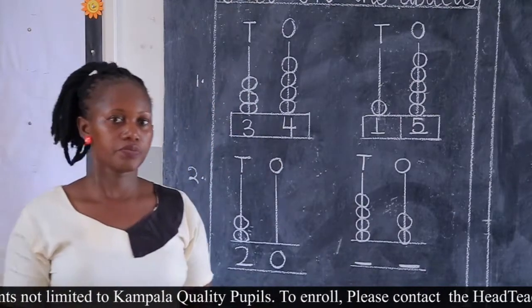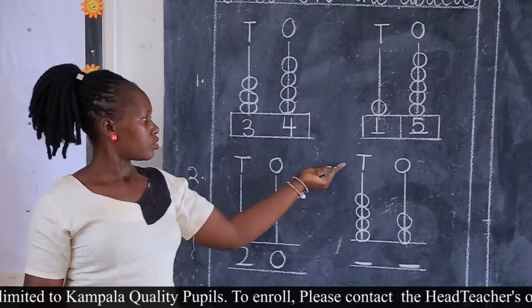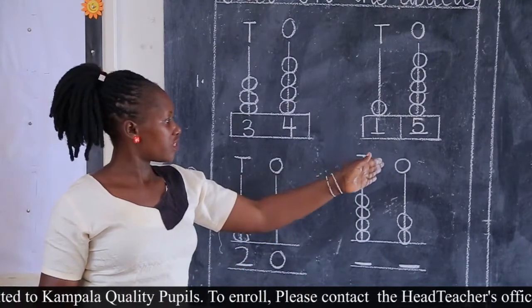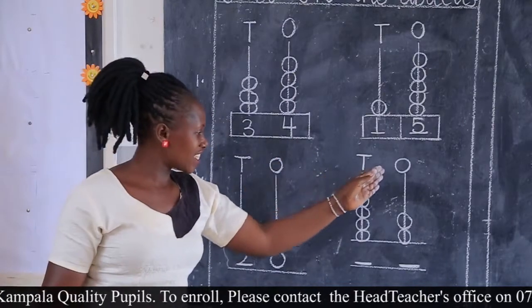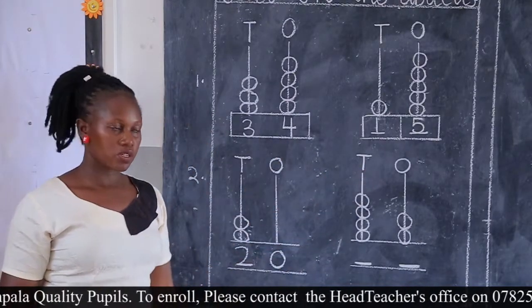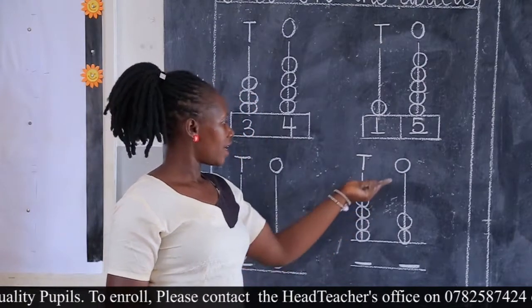There you go. I've given you another number here. Write the tens and ones, and you have to leave some space. Don't squeeze. I know some of you will squeeze the tens and ones. No, it will not be neat. Put some little space. Draw the lines.